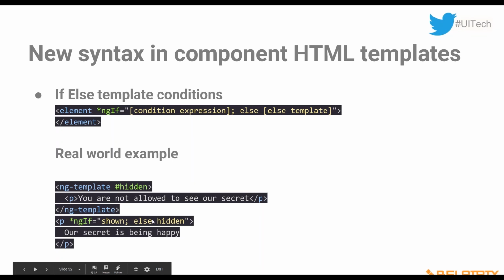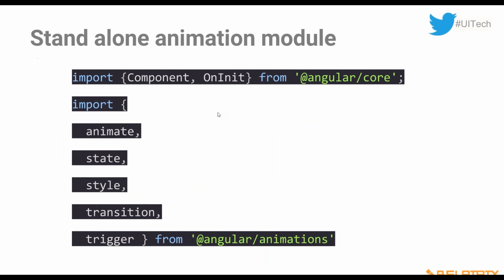Let's continue. This is one of the breaking changes. The Angular team has moved all the animation module to a separate module from the core to reduce the footprint of the application in case you don't use the animations.